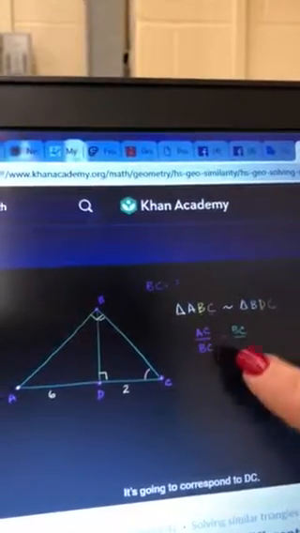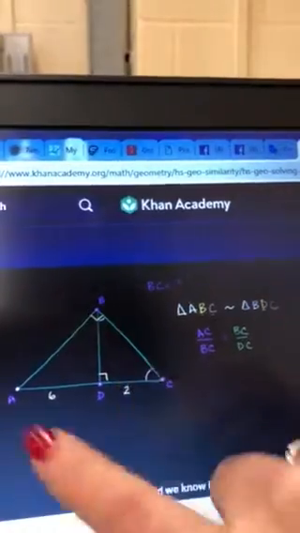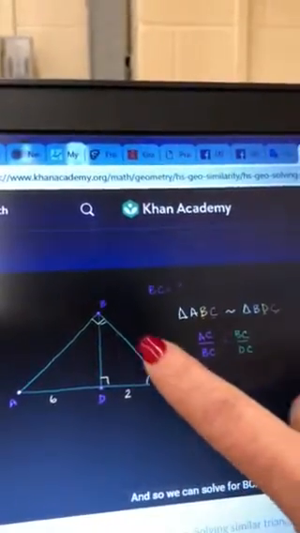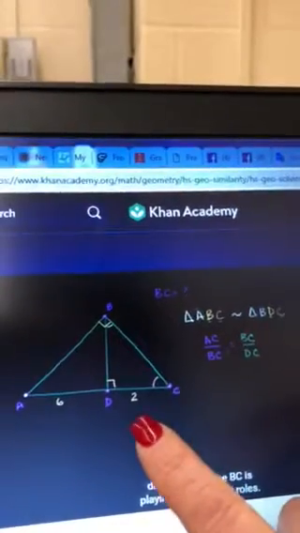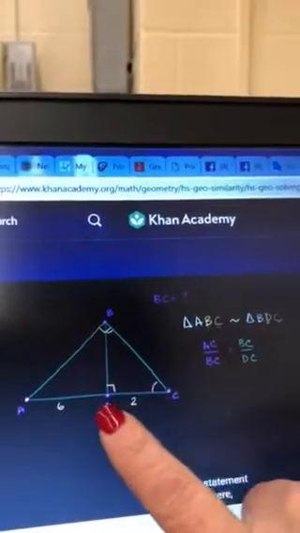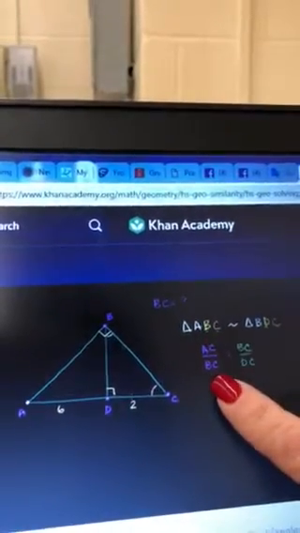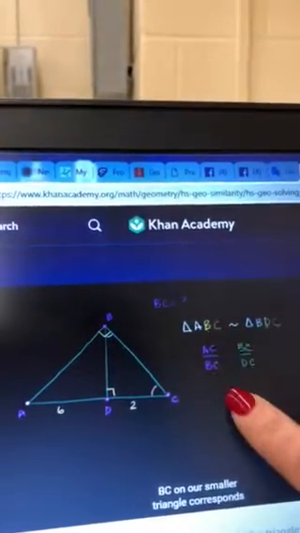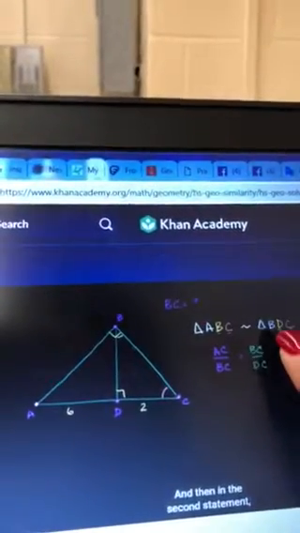Okay, so BC. Now BC for the big triangle is the littlest leg, and DC on the little triangle is the littlest leg. So again, big, little, big, little, big, little. Big on top, little on bottom. Okay?